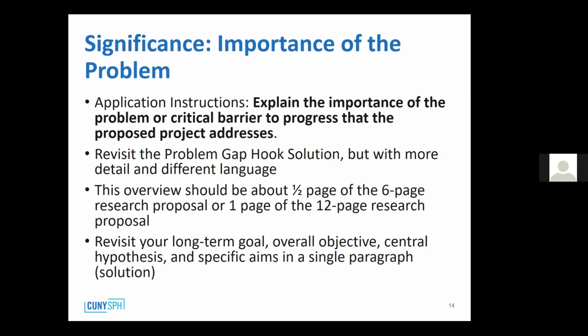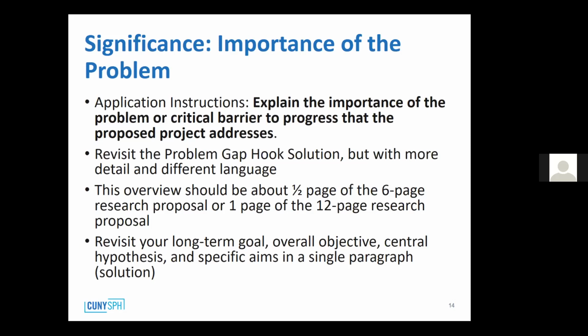In the handouts, there are templates for both a 12-page and 6-page research strategy. This overview should be about 1 page in the 12-page research proposal, or about half a page in the 6-page research proposal. Revisit your long-term goal, overall objective, central hypothesis, and specific aims in a single paragraph, your solution.